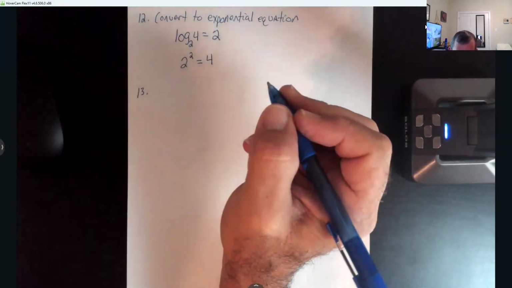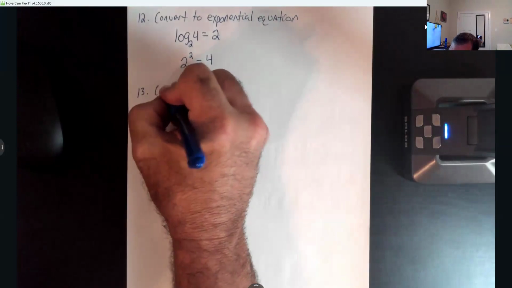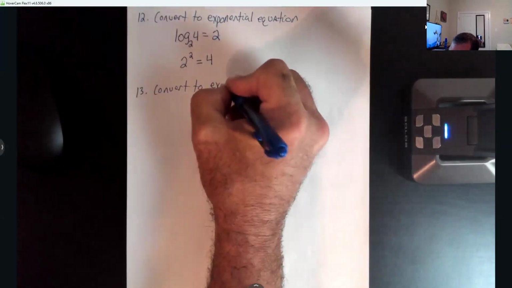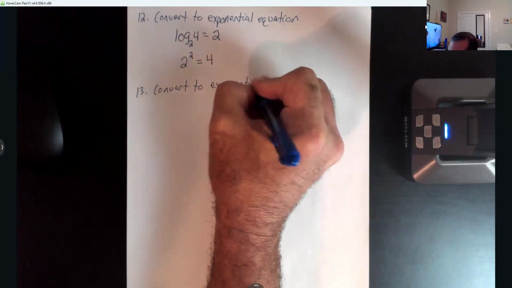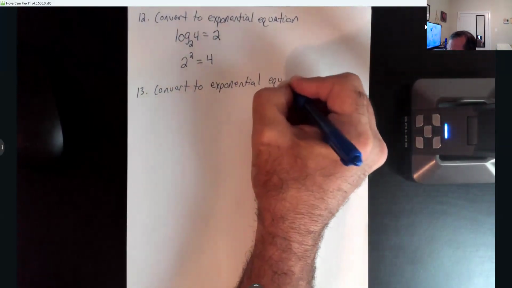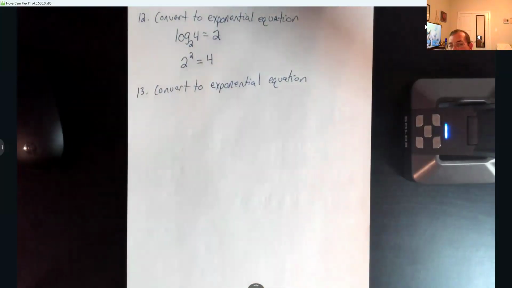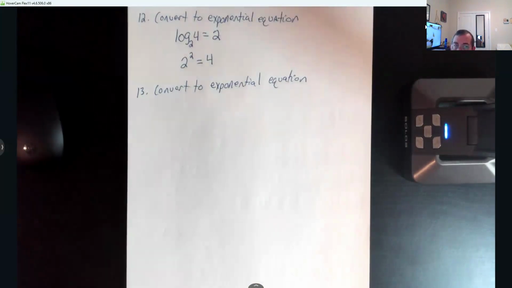All right, y'all, 13, same thing, convert to exponential. But remember, they're having you do this because remember when I started solving equations, if I couldn't do all that log base stuff on each side, I had to rewrite them as exponential, okay?